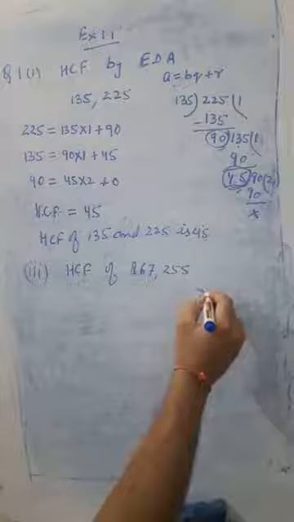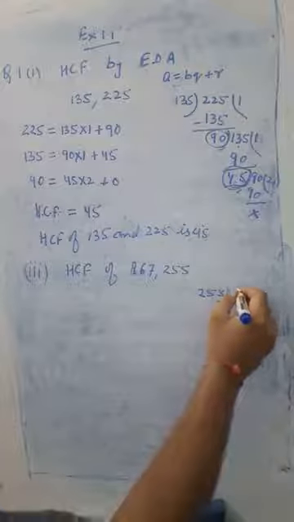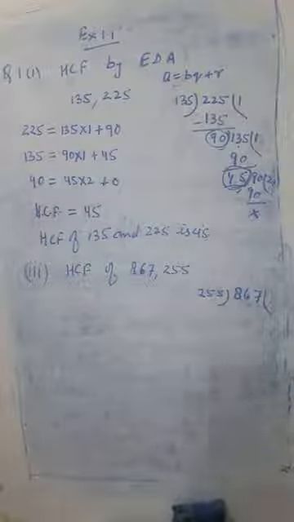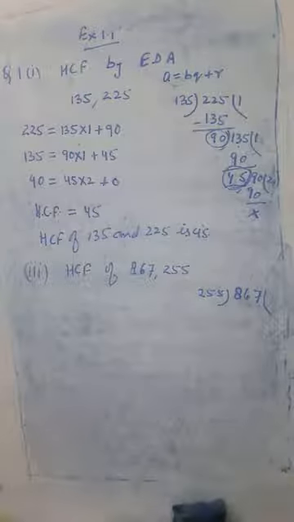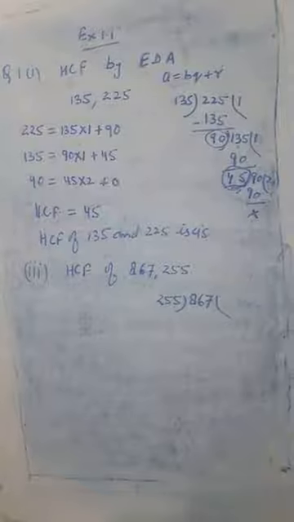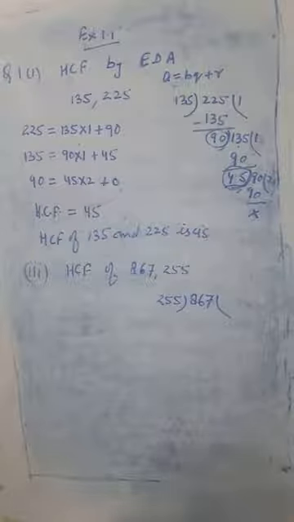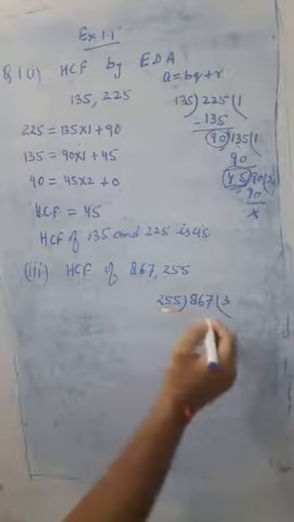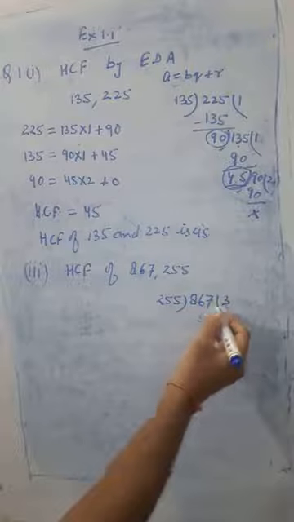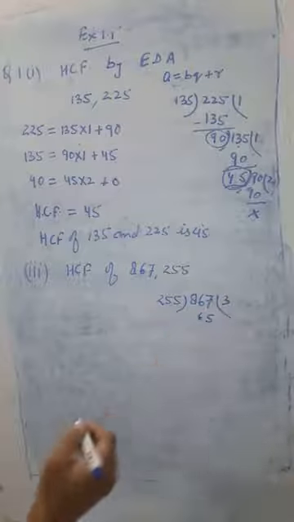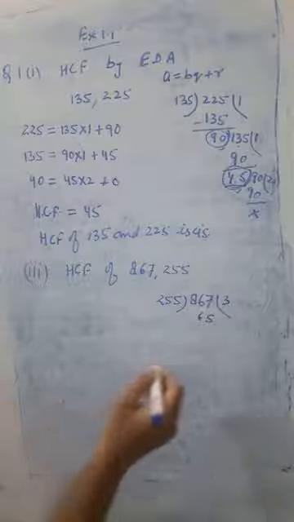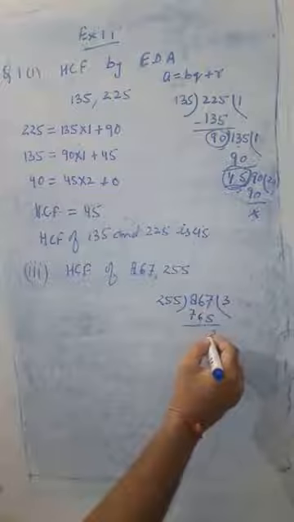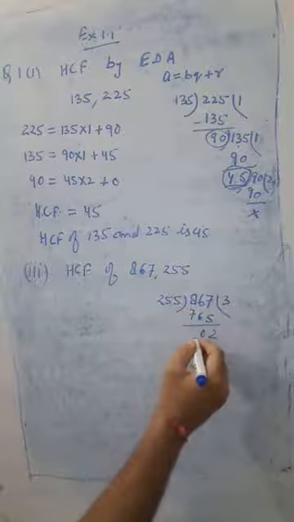So we divide 867 by 255, so it goes 3 times. 3 5 15, 1 carry, 3 5 15 plus 1 16, 1 carry, 3 2 is 6 plus 1 7. So this is 2, this is 0, this is 1.